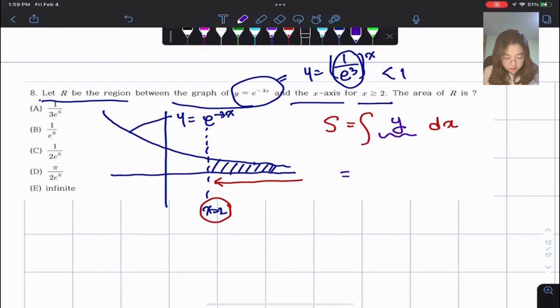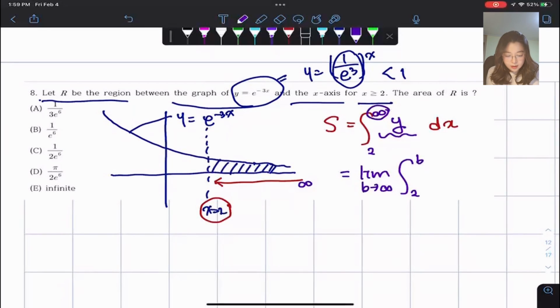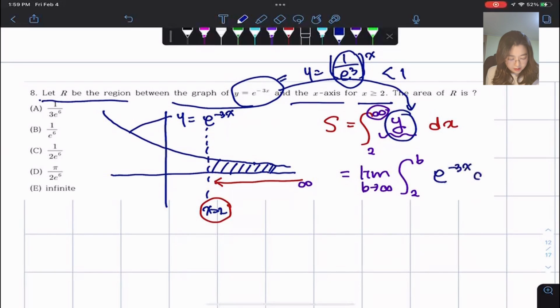So the range is 2 to infinity. Okay. So I will substitute b instead of infinity. So from 2 to b, as b approaches infinity, and plug in this function instead of y, e to the power of minus 3 times x dx.